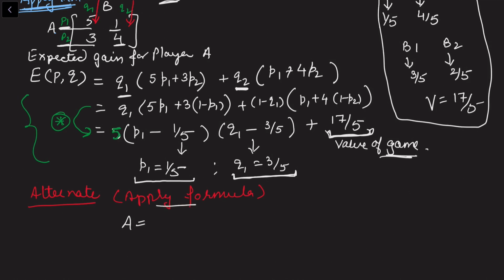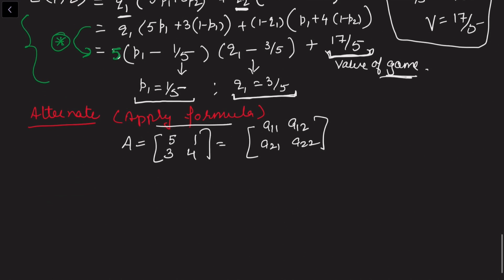So for applying the formula, we have this as the equation. Simply match these quantities with A11, A22, and we know what the first probability, P1, is. To calculate P1, we have seen here, this is P1, this is P2. To calculate P1, I want to read here and then we have to subtract like this.